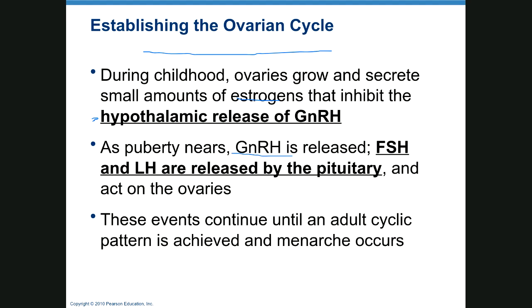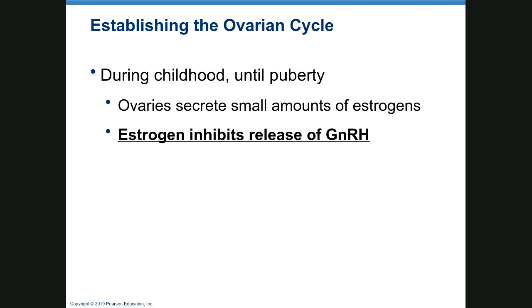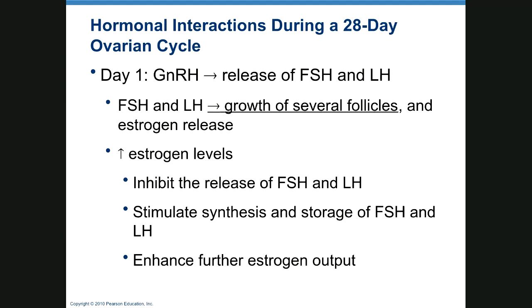And that causes follicle stimulating hormone and luteinizing hormone to be released. And these continue in a regular cycle. So during childhood and until puberty, you have a little bit of estrogen that inhibits gonadotropin releasing hormone.